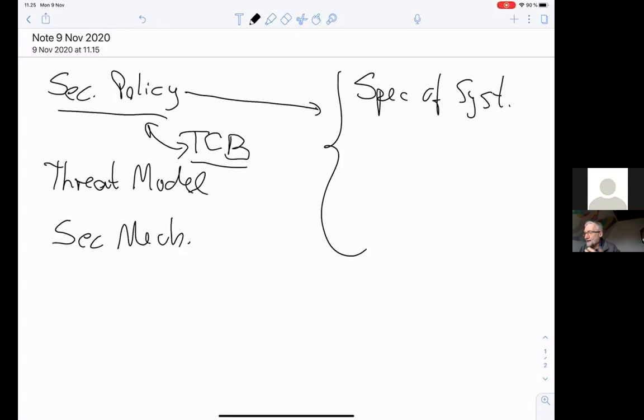So for instance, as an example, let's suppose we're building a software-only system. This could be a web server or something else. And let's say that this is hosted on some web hotel. And these guys that run the web hotel, they say, well, we have machines that we run, we're behind a firewall, we have all kinds of intrusion detection systems running. So we're pretty sure that there will not be any attacks that break into our machines.